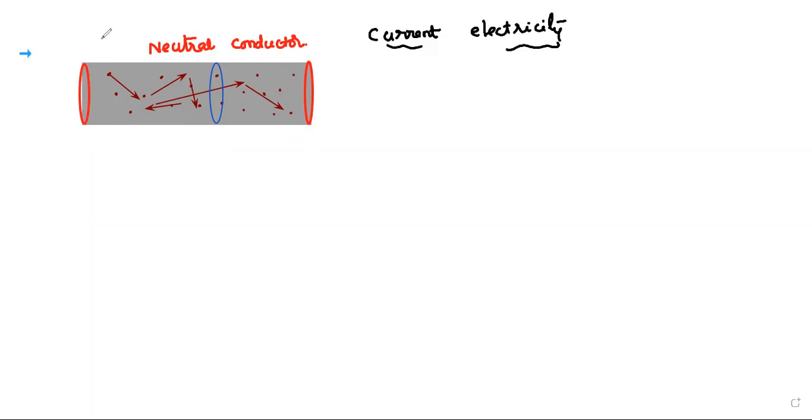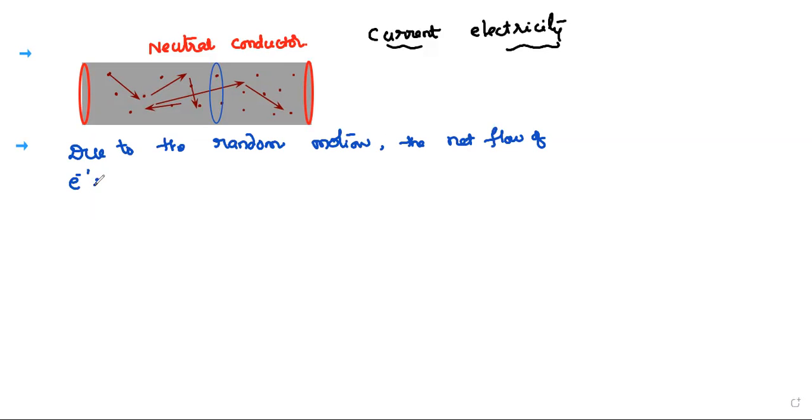So the same point I am going to write here. Due to the random motion, the net flow of electrons through a particular cross section is 0.